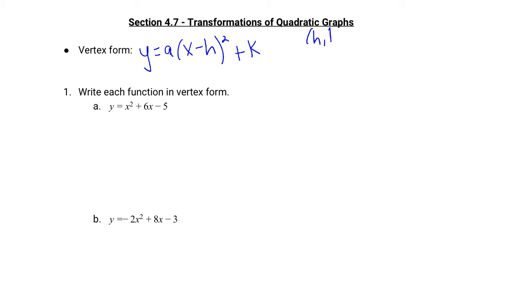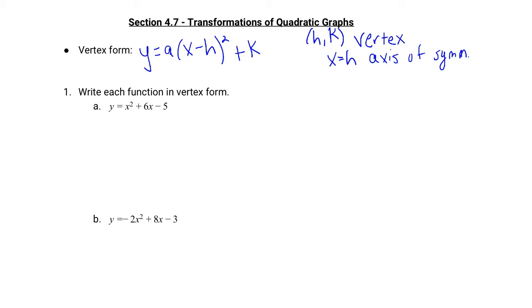So (h, k) is going to be our vertex. x equals h is your axis of symmetry. I'm just going to put sim. And that's the most important parts you need to know.